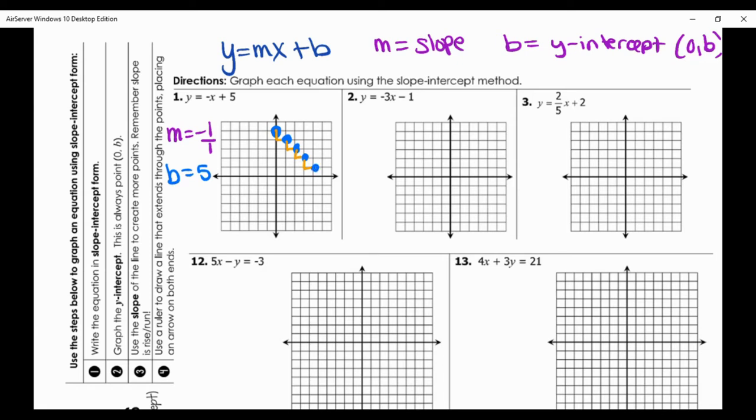It's a little easier if you don't have to include the orange part and you just move your pencil down 1 unit and to the right 1 unit. Now we can also go up 1 and to the left 1 to create that last point on the top. There's our points that are on our line. So to graph the line, we're just going to connect and extend with arrows.